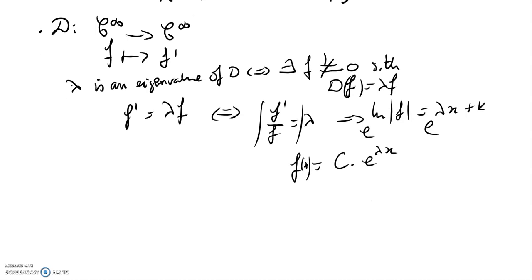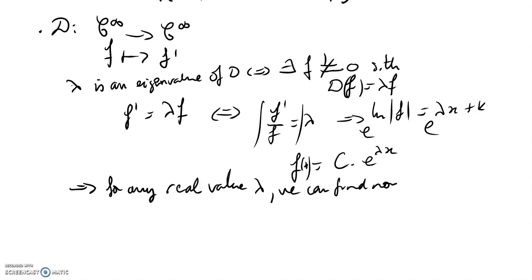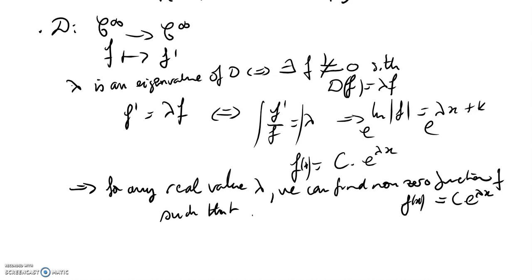Oh, good. How can we interpret this? Well, it's a very nice result. It tells us that for any real value lambda, we can find a non-zero function f, with f of x equal to c times exponential of lambda x, such that D applied to f is equal to lambda times f.